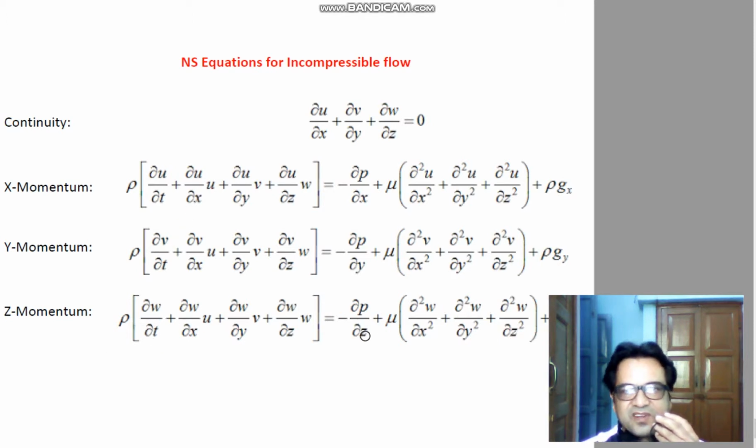Basically, for a fluid flow problem we have 4 equations: one is continuity, and there are 3 momentum equations. So they are known as the NS equations. If mu is 0, the equations are known as the Euler equations. So this is all about the differential analysis of fluid flow problems. Thank you.